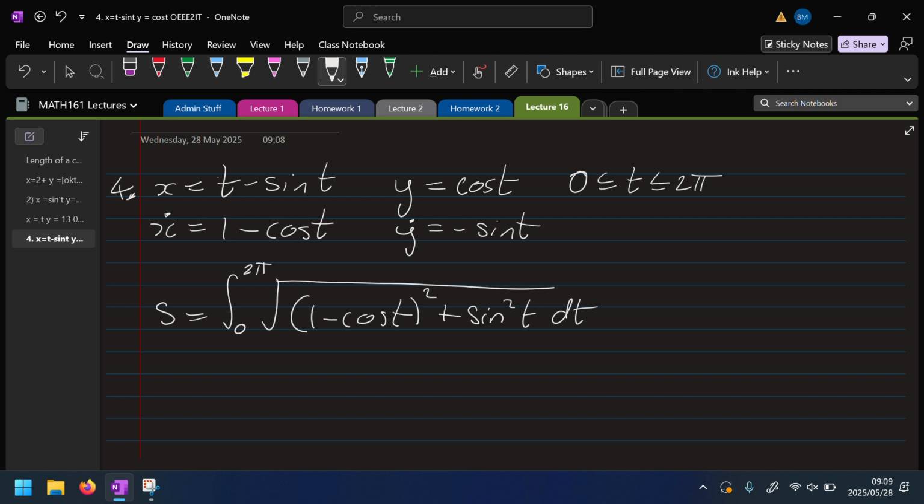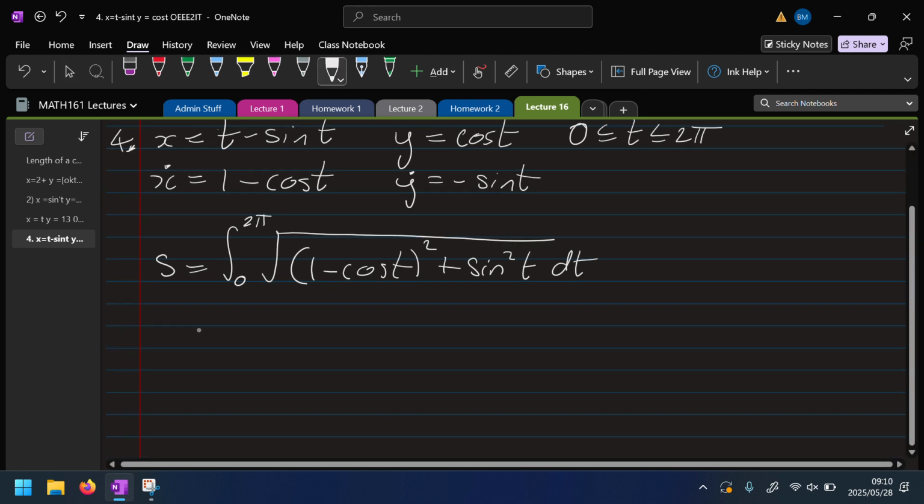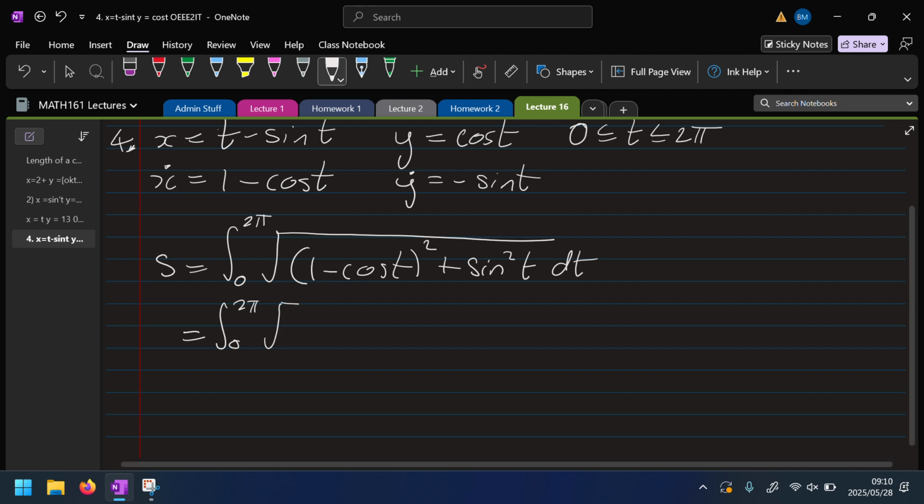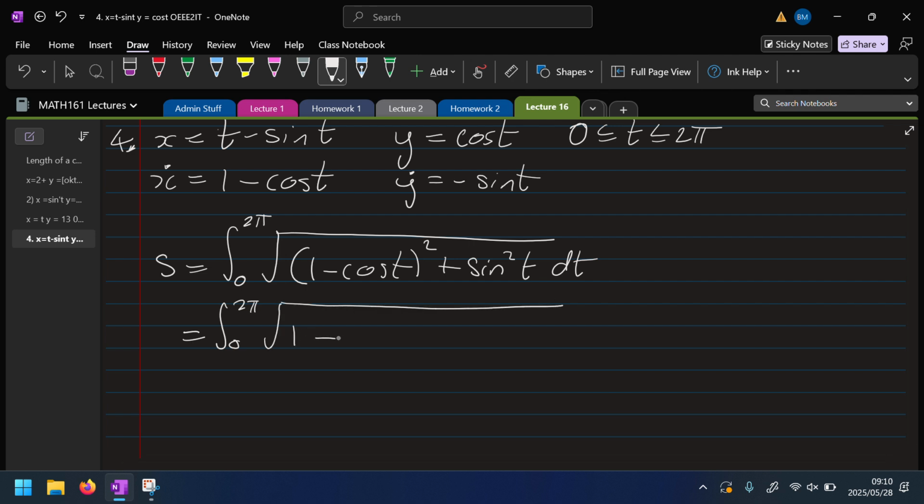Okay, 1 minus cos t, all of that squared, we can expand that out. So this will be the integral from 0 to 2 pi, square root 1 minus 2 cos t plus cos squared, and then plus sine squared.